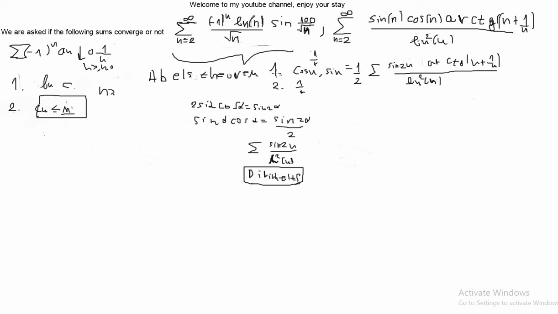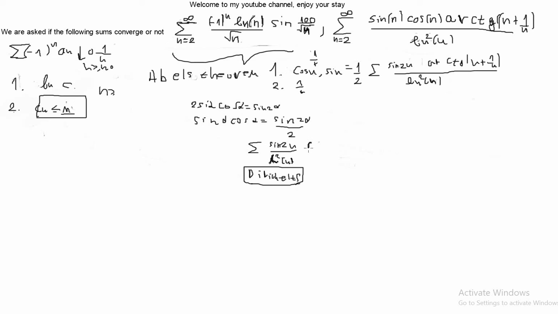This was monotonically decreasing, and arctangent of n plus 1 over n is monotonically increasing. You can verify it is bounded by pi over 2. So by Abel's theorem we have that this converges.